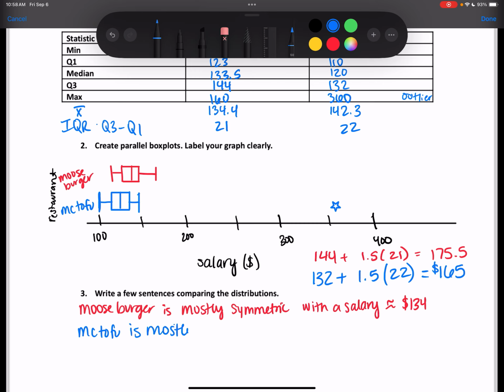But the caveat you need to put with it is that there's an outlier of $360.